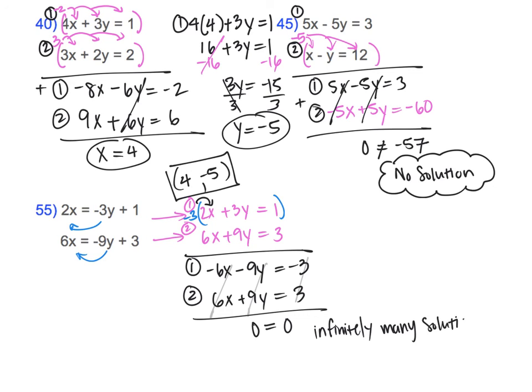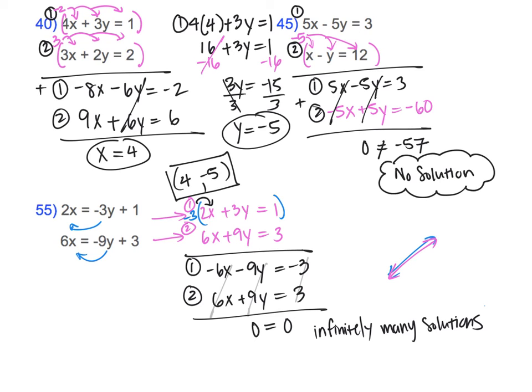And the reason why is because this is saying that they both cancel out perfectly, meaning that they had to have been the same line. And if they're the same two lines, that means that they are always intersecting each other. In other words, there are infinitely many solutions because there are infinitely many intersections.